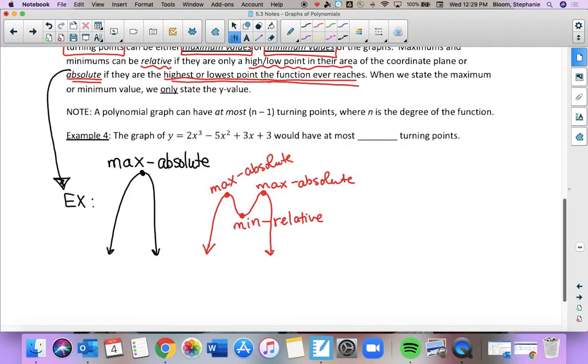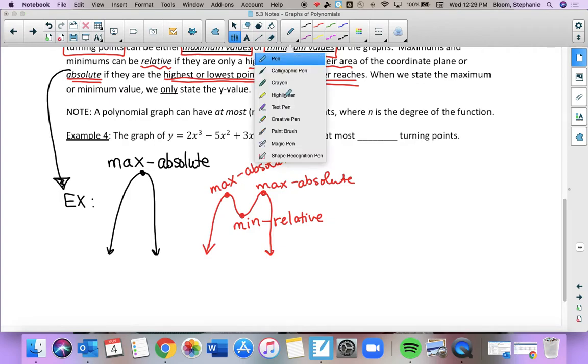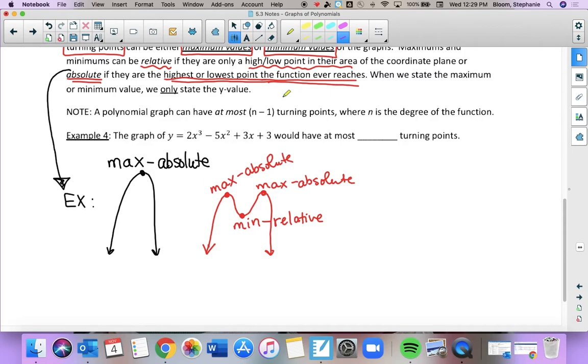Okay, and then the last thing is that your graphs can have these turning points, okay? The most turning points they can have is n minus 1, where n is the degree of the function. Okay? So if you look at this example right here, this polynomial, 2x cubed minus 5x squared plus 3x plus 3, would have at most how many turning points?